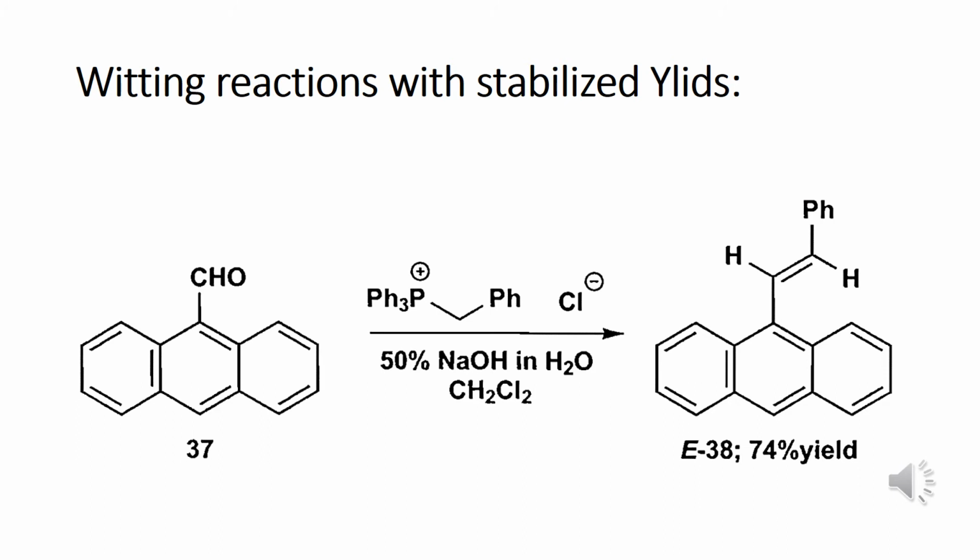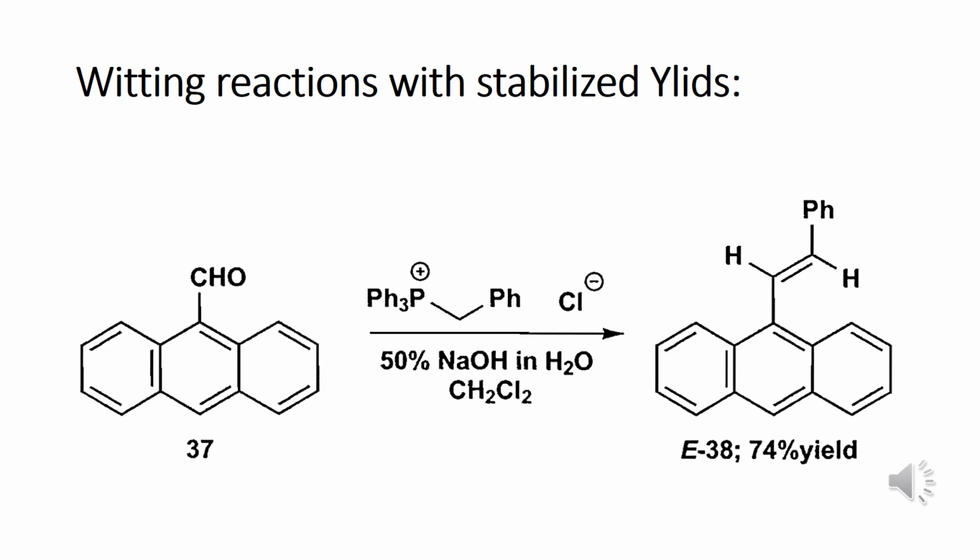Wittig reactions with stabilized ylides. The unstable aspect of the ylide is that the carbonyl phosphonium salts are stable compounds. So any substituent that stabilizes the anion also stabilizes the ylide, and this reverses the selectivity to favor the E alkene, that is the trans alkene, the E isomer.